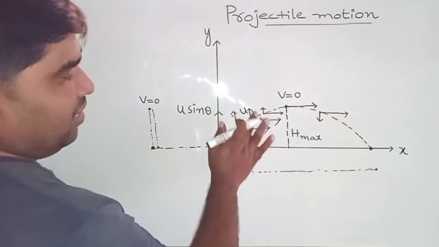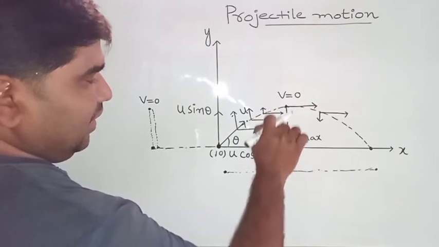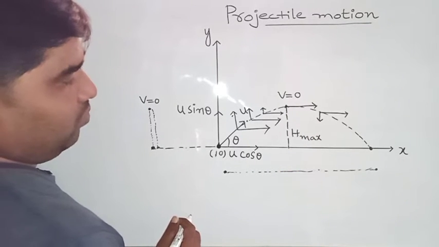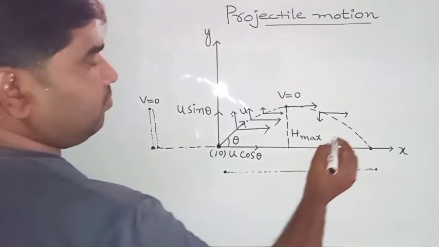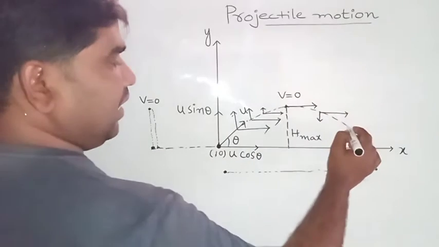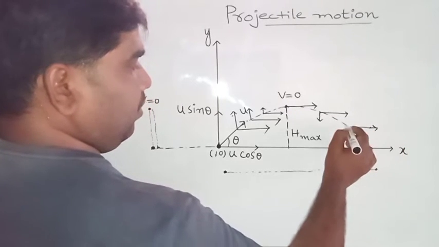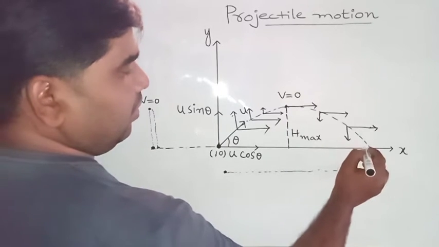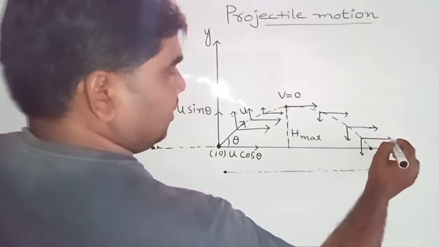But the vertical velocity decreases as the object moves, and at maximum height the vertical velocity becomes 0, because the gravitational force is acting in the downward direction. When it falls in the downward direction, the horizontal velocity is the same, but the vertical velocity is increasing. From here to here increasing. Again here, the vertical velocity increases.